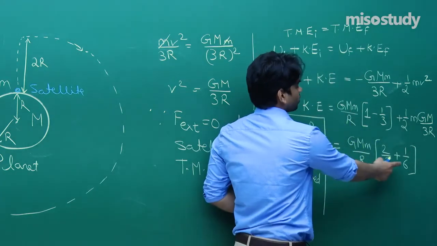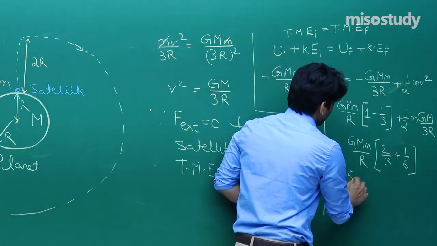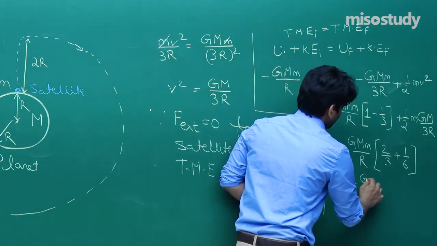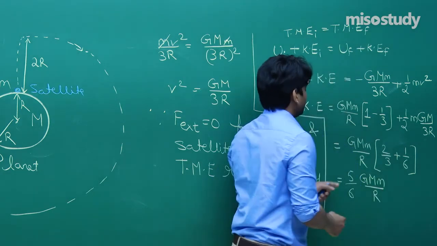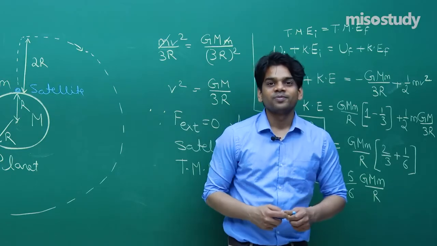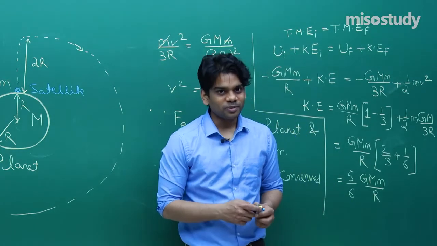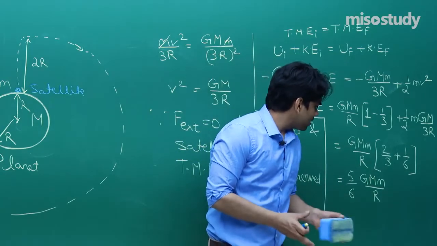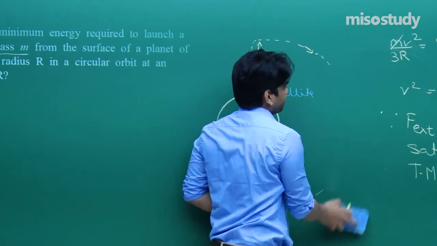Easily you can see that this will be equal to 5 by 6. So 5 by 6 GMm by r, this will be the total kinetic energy that you have to give to the satellite which is at an altitude of 2r. So let me write down the final kinetic energy that you have to give, that will be 5 by 6 GMm by r.